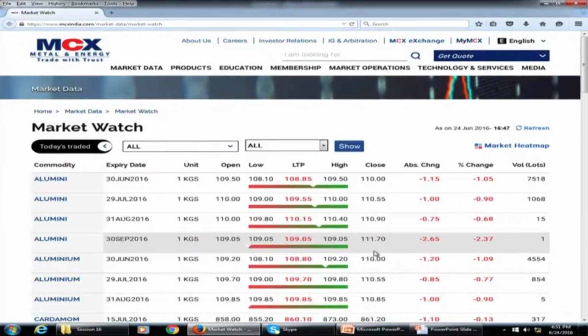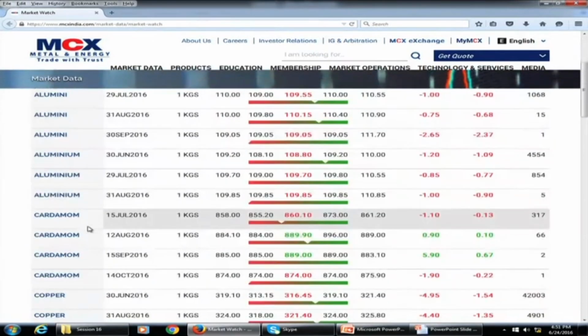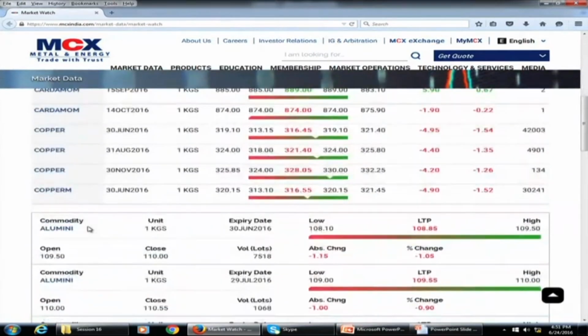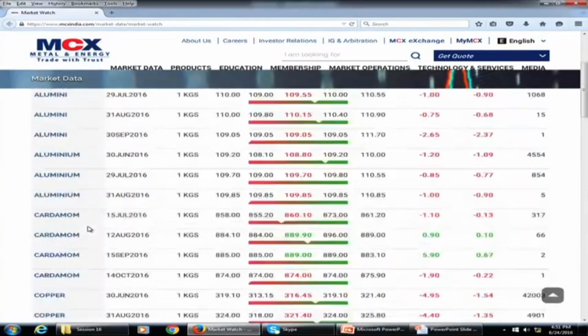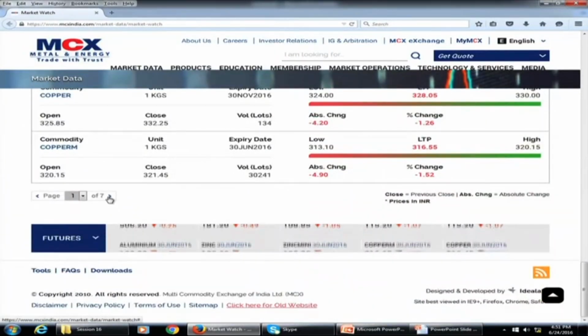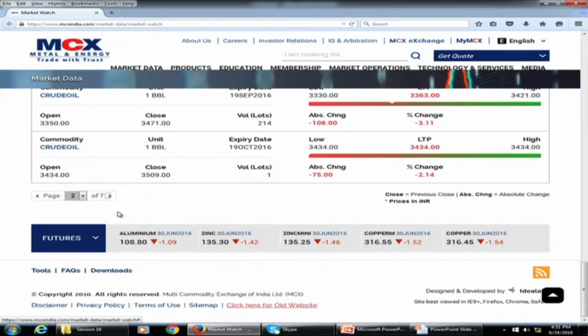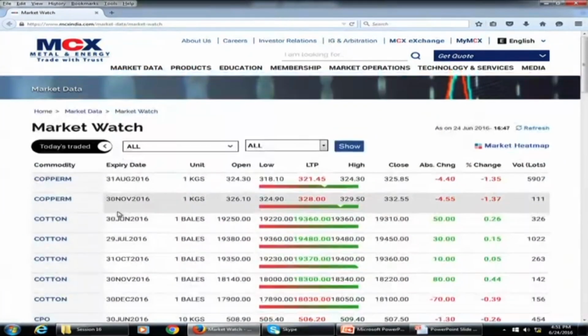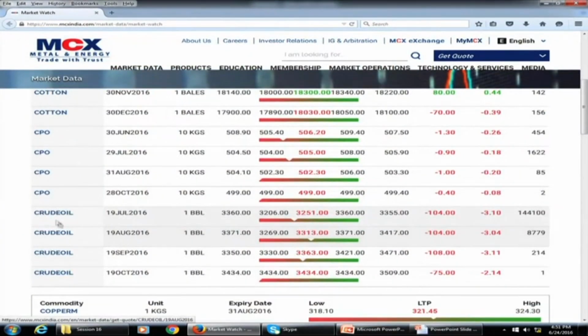So you have aluminum contract trading, cardamom, copper. Now focus on this one, crude oil.